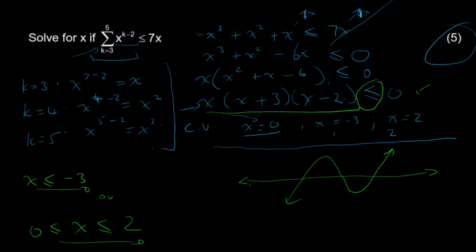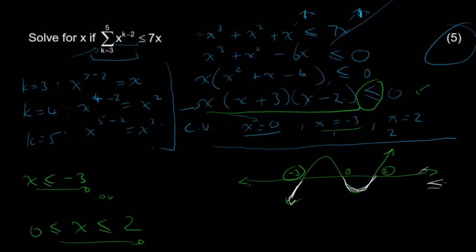Let's see what happens if we put our values in order. That's going to be -3, that's going to be 0, and that's going to be 2. What do we want? Well, we want the values that are less than or equal to 0, because this is our x-axis, and as we can see, it's that area and that area.